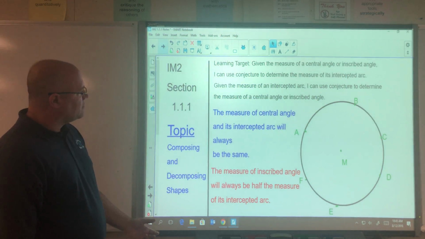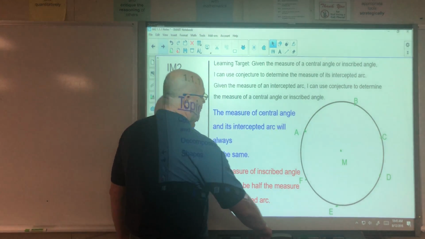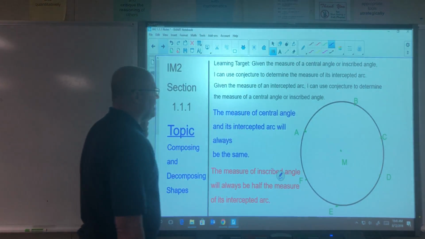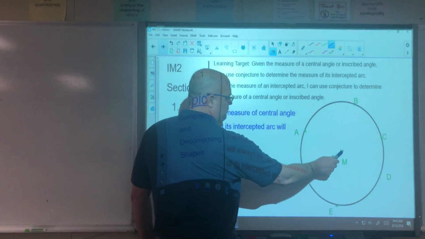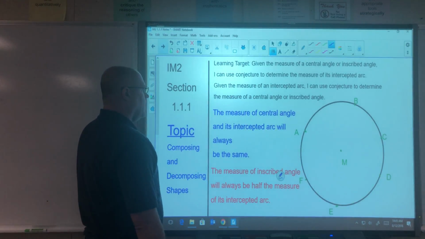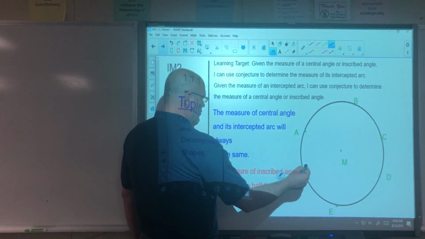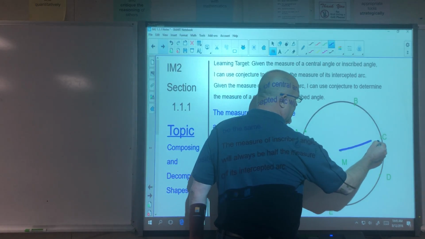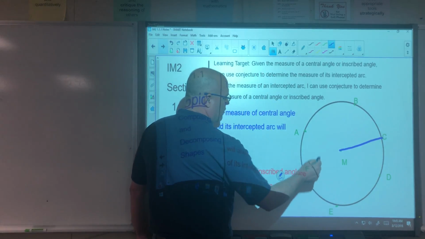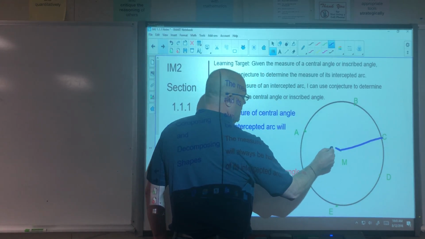All right, so let's put the examples up here. Start with a central angle. We know for a central angle, the vertex is going to be at point M in the center. So I'm going to go ahead and use radius MC and radius MA.